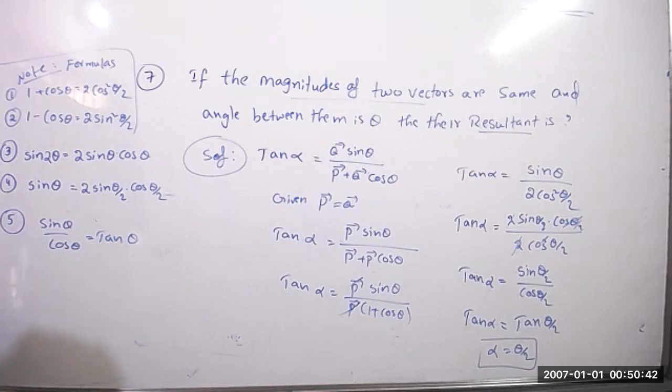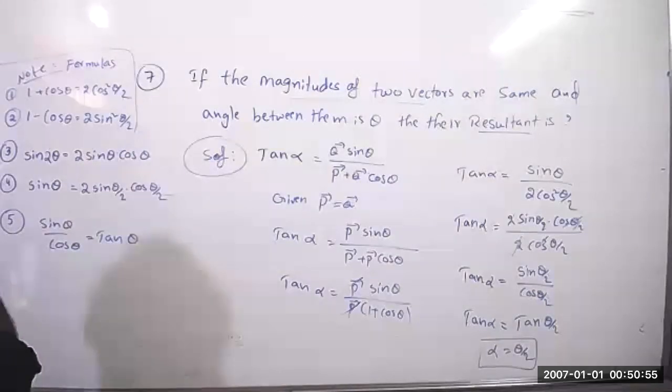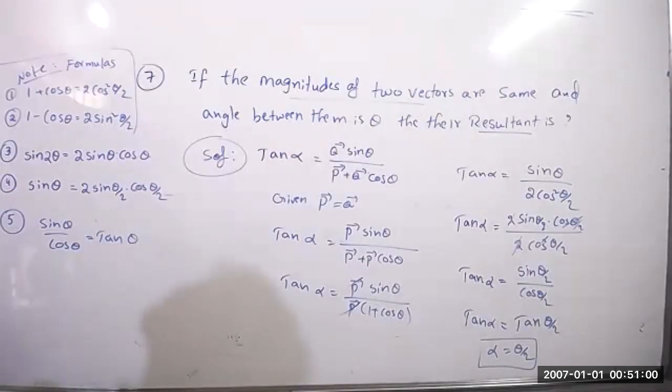When both vectors have equal magnitude, there is a condition. They can ask us to do till here and after that substitute the value of theta and find alpha. Yes, they can. When they ask like that, direction and magnitude also you should find.